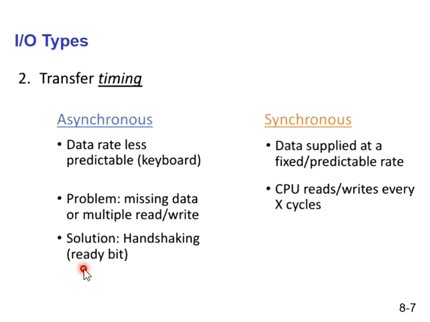When we say our input-output device is ready, that means it's ready for each function. For synchronous, we have data supplied at a fixed or predictable rate, and the CPU can read and write every extra cycle.